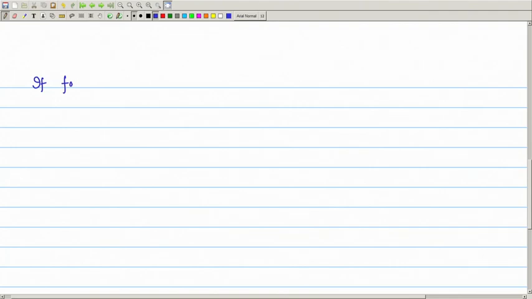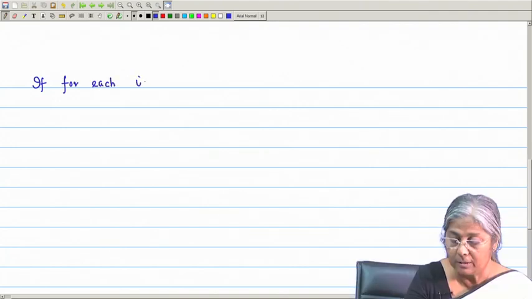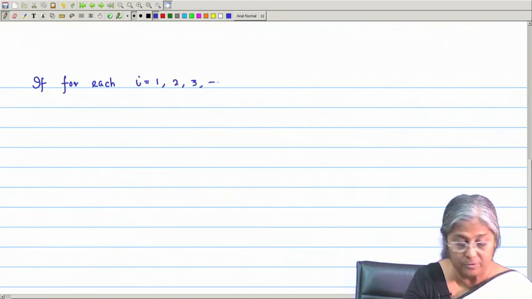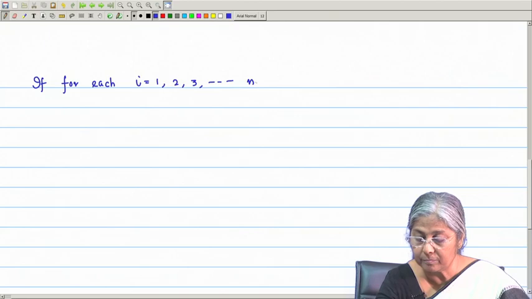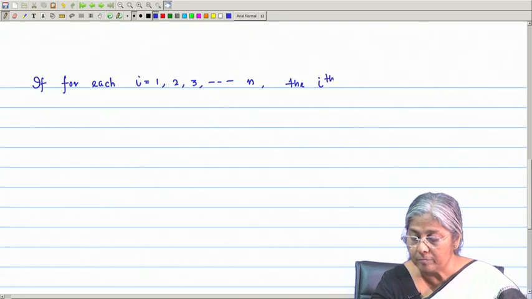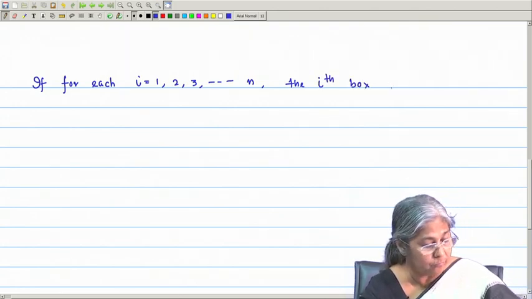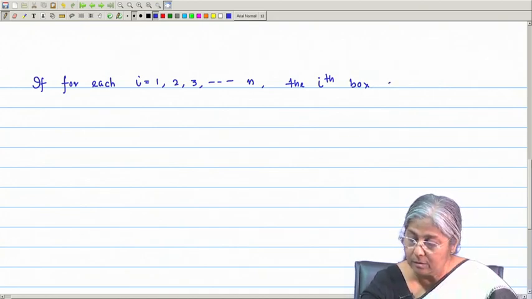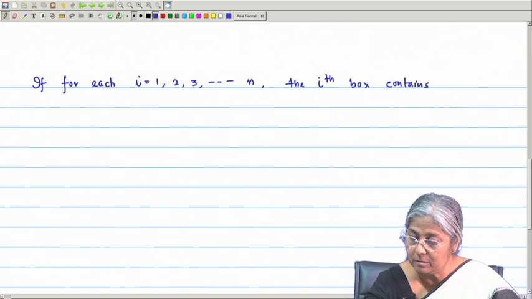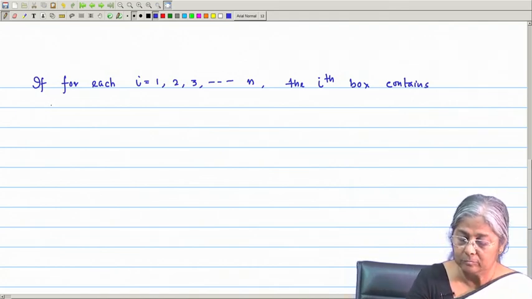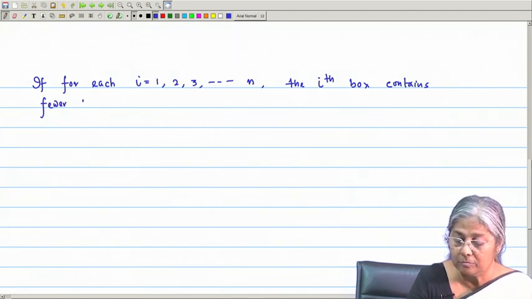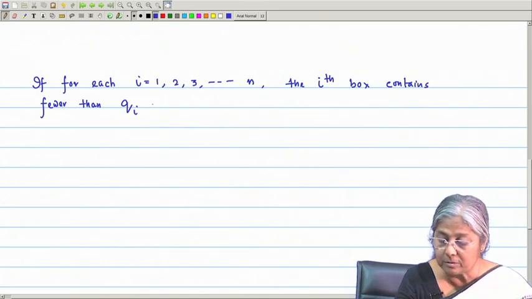If the distribution is such that for each i equal to 1, 2, 3 to n, the ith box contains fewer than qi objects.